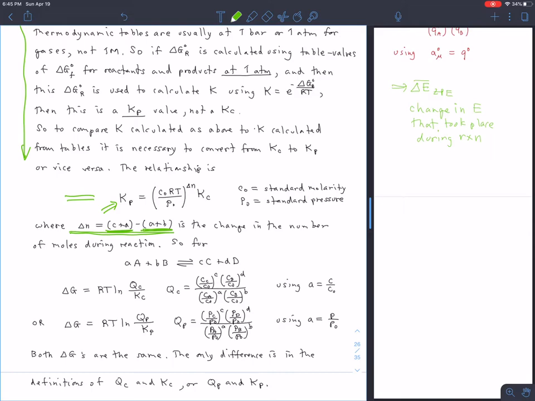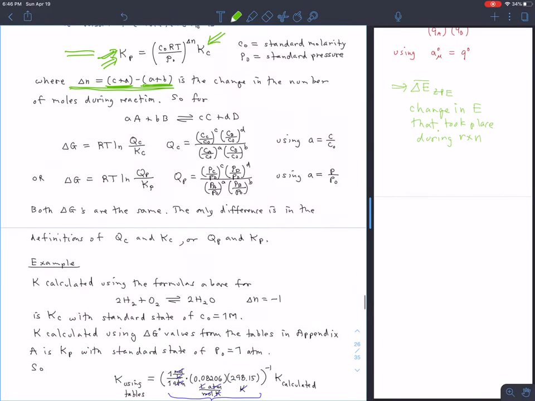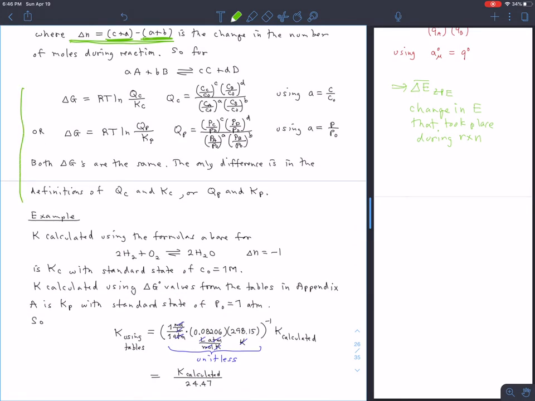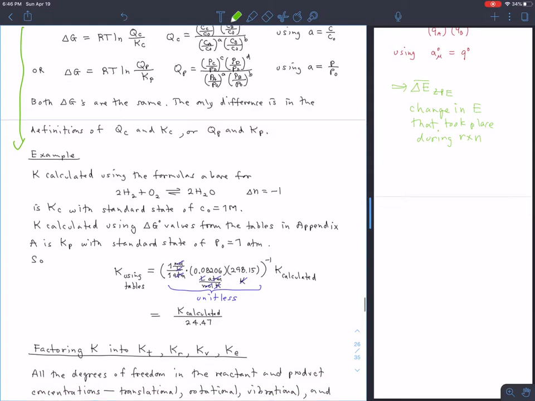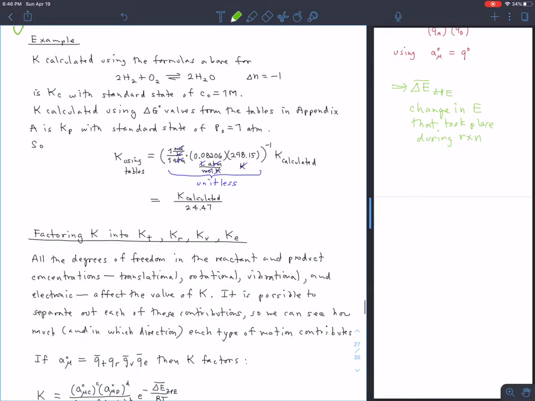And so if we want to compare our calculations here to our table value equilibrium constants, we probably have to convert between the two. All right, the rest of this is filling in some details about that conversion factor, but let's go straight to this example. Let's actually do a calculation. Well, this is an example for the conversion. I'll leave that for you to look at.